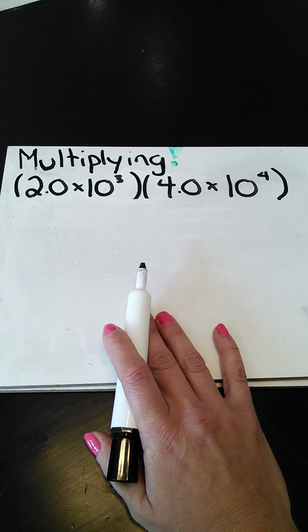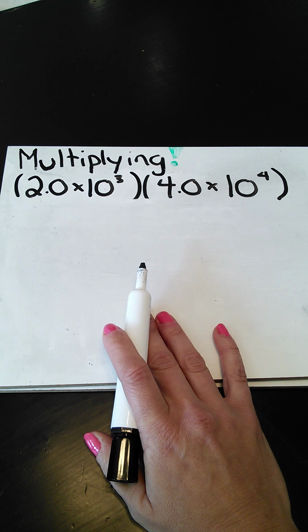So when we are multiplying for scientific notation, first of all, we know how to multiply our 2 and our 4. So I took 2 and I multiplied it by 4, and then I would be multiplying 10 to the exponent 3 times 10 to the exponent 4. Well, 2 times 4 we know how to do, and that comes out to be 8, or 8.0. Now we're going to multiply it by the power of 10.